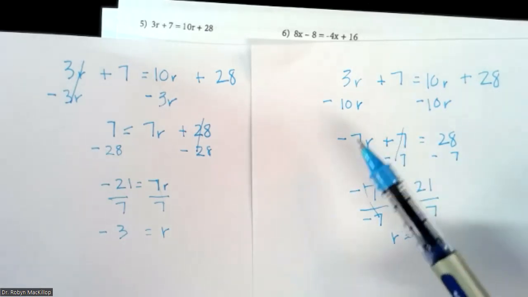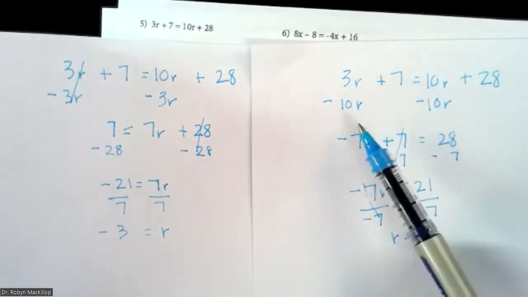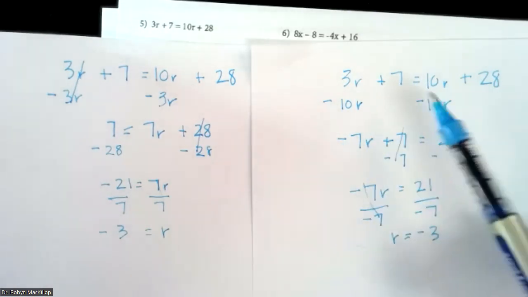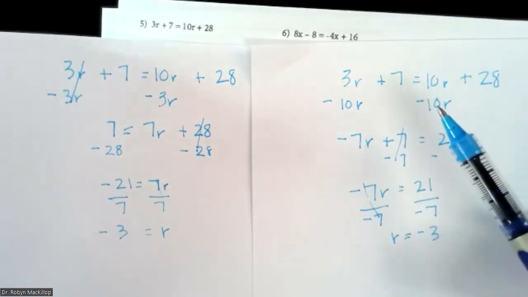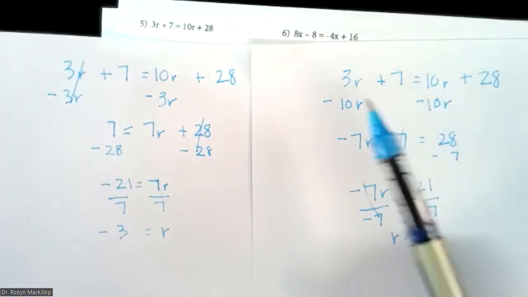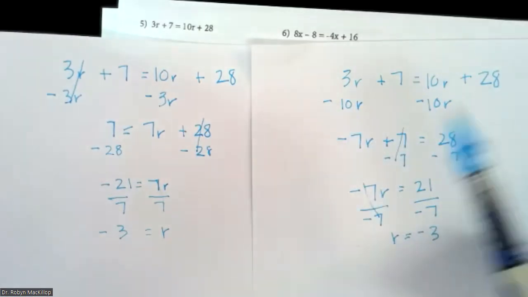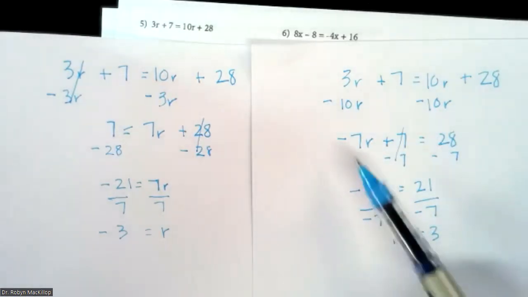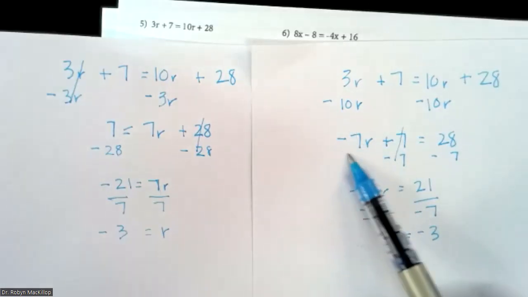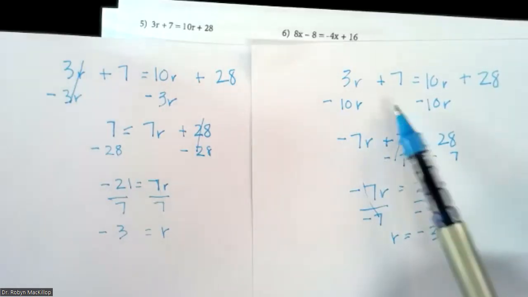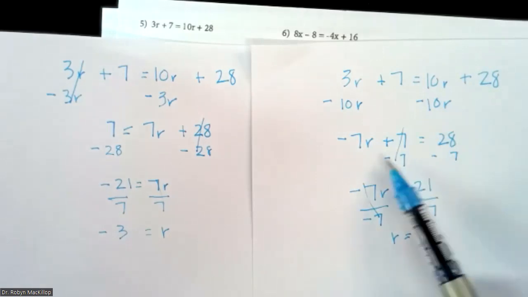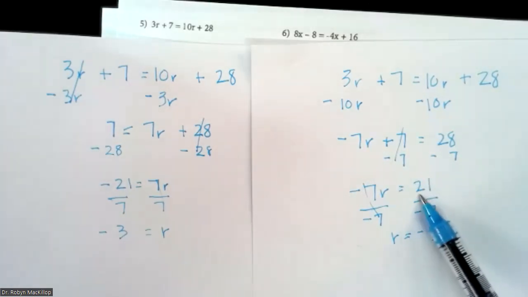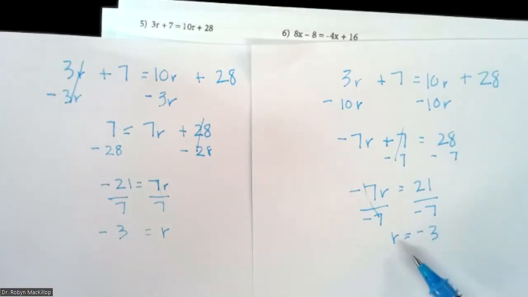As long as you're comfortable with the process of getting rid of one thing at a time, they can give you a huge long one and you just say, okay, I'm going to get rid of an r, then I'm going to get rid of another r until I'm down to one variable term. Then I'm going to start getting rid of all the numbers until I'm down to one. And then I'll keep going until I have one variable and one number.